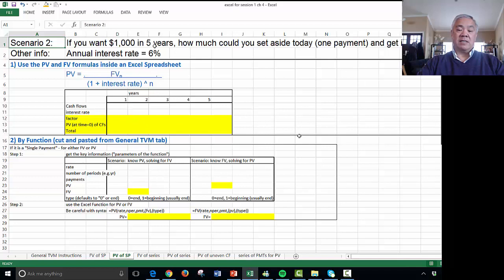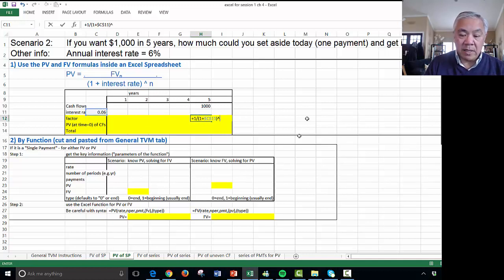And so we want to set aside, if you want $1,000 here. And the interest rate is 0.06. And then the factor is 1 divided by, open parens, 1 plus the interest rate, lock it, raised to the 5th power.